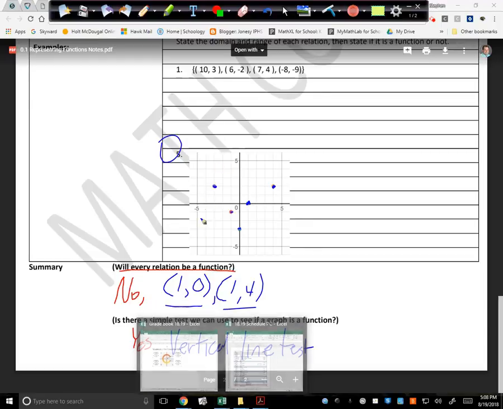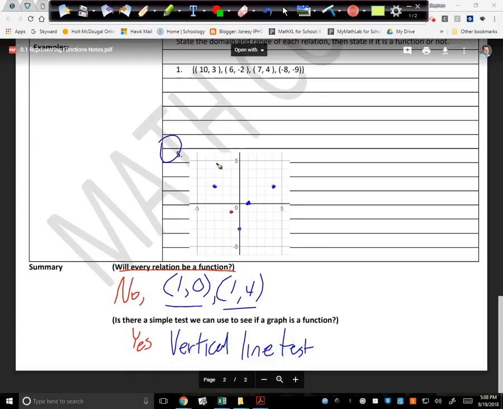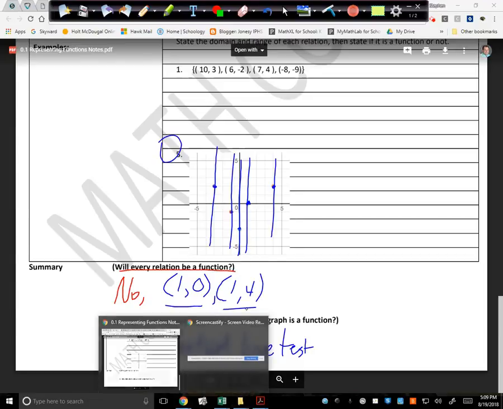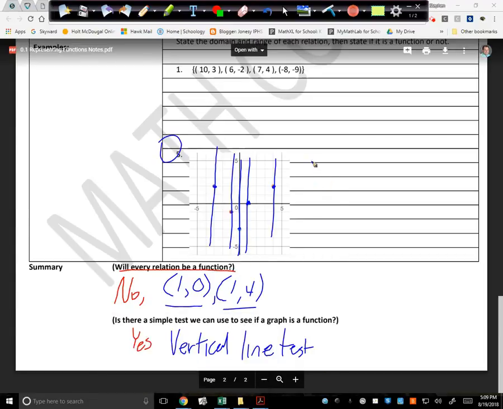If we draw a vertical line through every one of these points that's in the relation, and if every vertical line you draw goes through only one point, then it's a function. If we drew a vertical line and it went through 2 points, then it would not be a function. So the vertical line test here tells us that yes, it is a function.